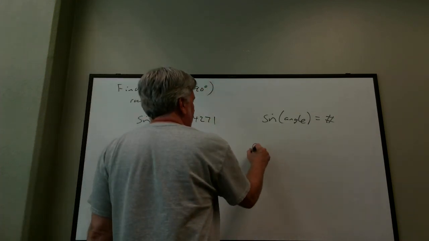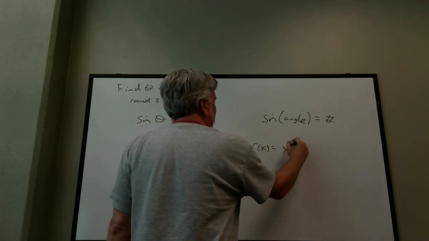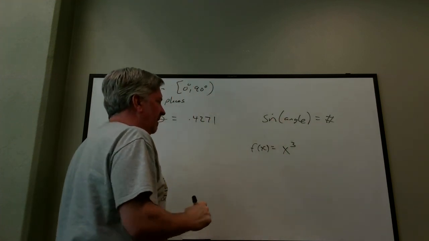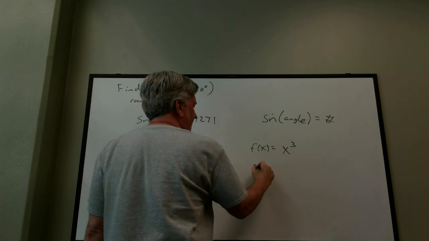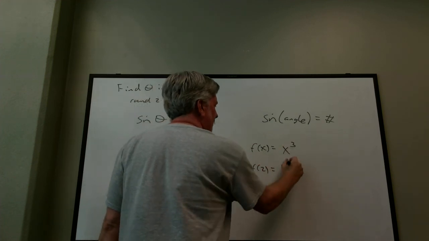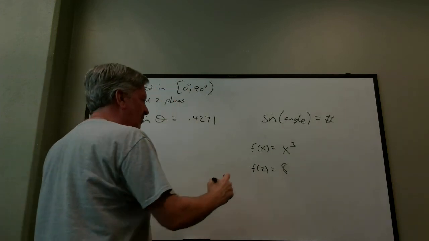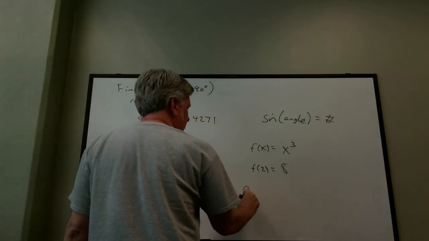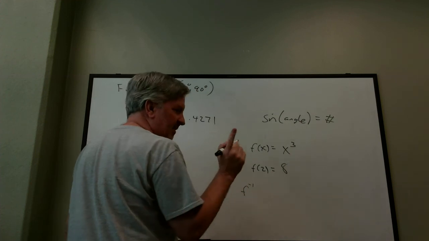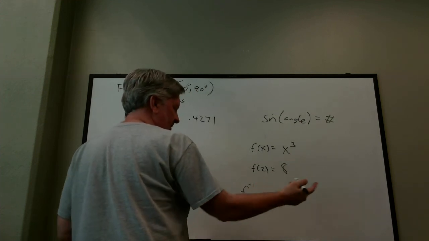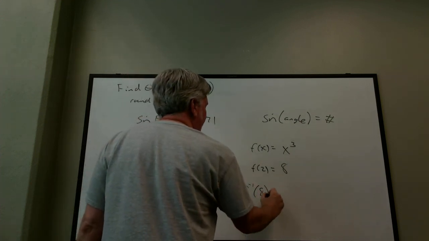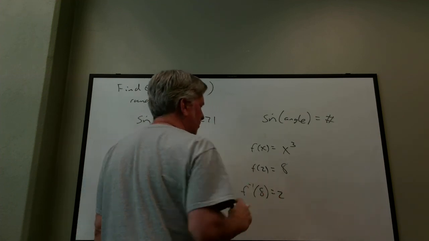For example, if f of x was x cubed, f of 2 is 2 cubed, which is 8. What if you wanted a function that would undo that operation? You want another function, which we call f inverse. That doesn't mean 1 over. It just means inverse, undo. We want f inverse of 8 to go back to 2.